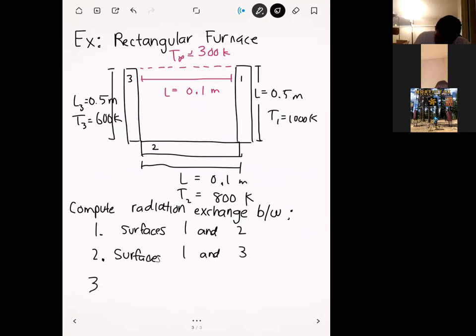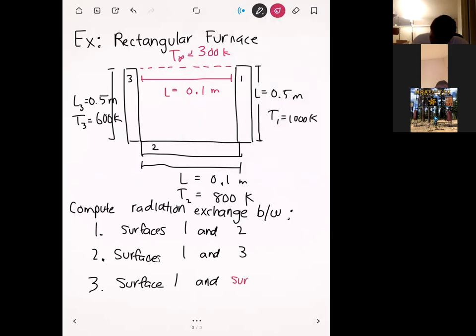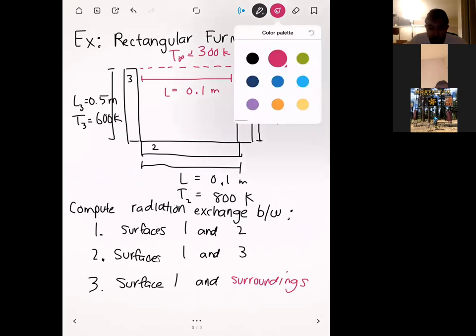And then finally, we'll do the radiation exchange between surface 1 and the surroundings. In order to do this problem, we're going to need to compute the view factors between each of these different surfaces, which we will be able to find in the book, in table 13.1.